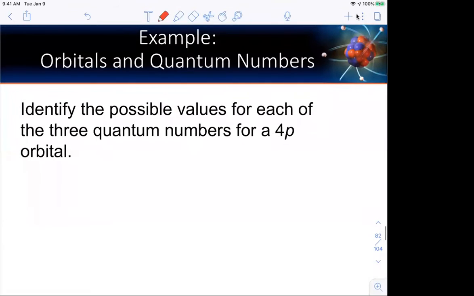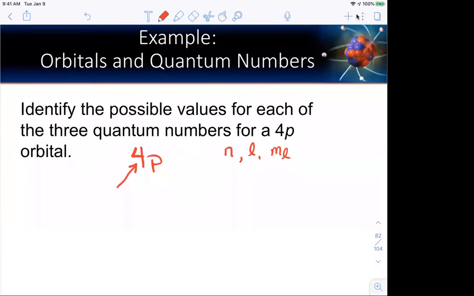So here's an example. Identify the possible values for each of the three quantum numbers for a 4p orbital. So my orbital is 4p, and I have n, l, and m sub l values that I want to designate. Well, the n is easy.